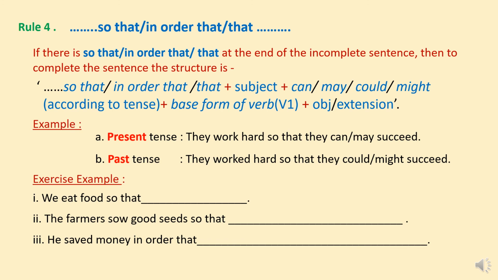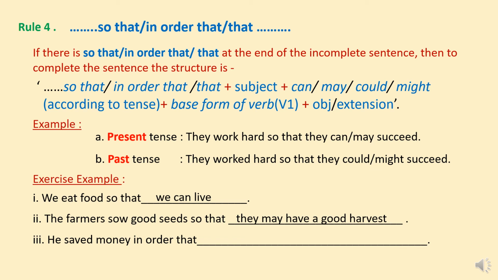So we eat food so that we can live. That is, we eat food so that we can live. After so that there is the subject we, after that there is can, and after that there is the base form of verb live. Again in the second sentence, the farmers sow good seeds so that they may have a good harvest.